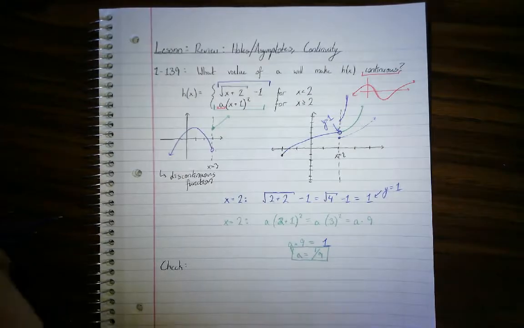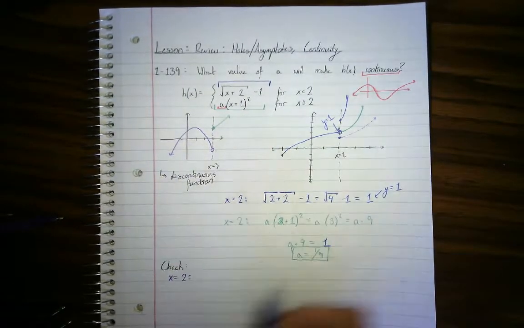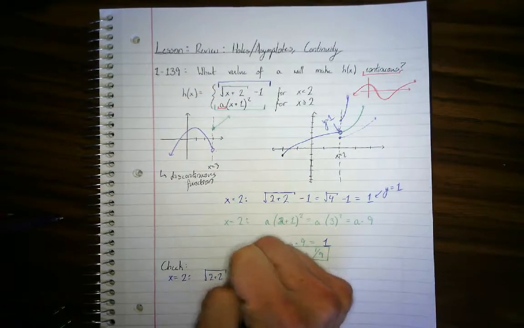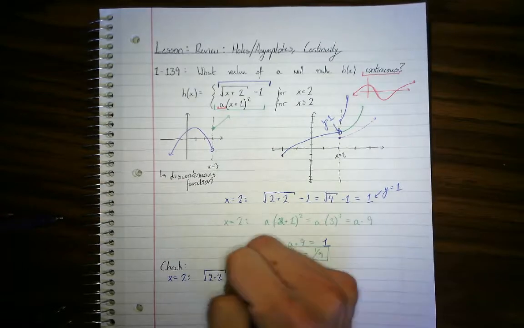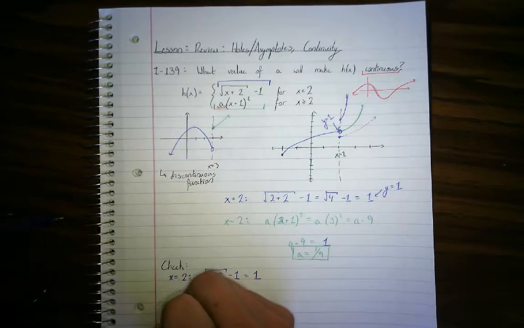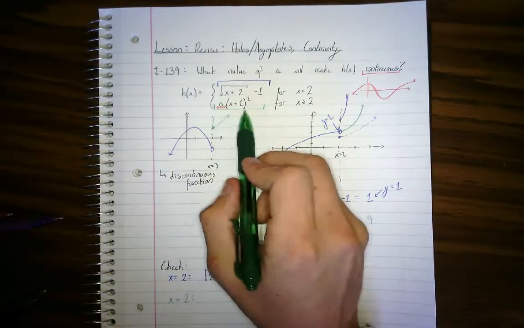So at x equals 2 for our blue side, for less than 2 going up to 2, we have the square root of 2 plus 2 minus 1, which we showed up here actually gave us a value of 1. So now let's try to do it with the right side, except we're going to plug in our value for a.